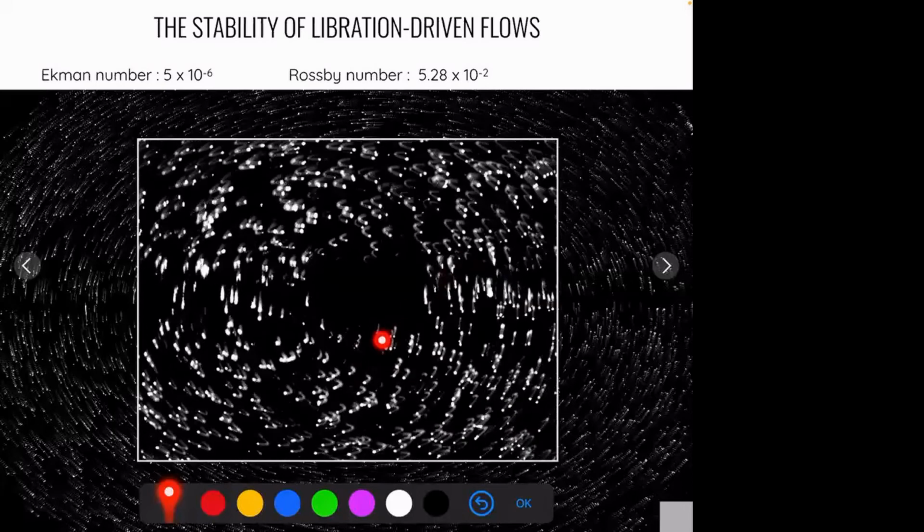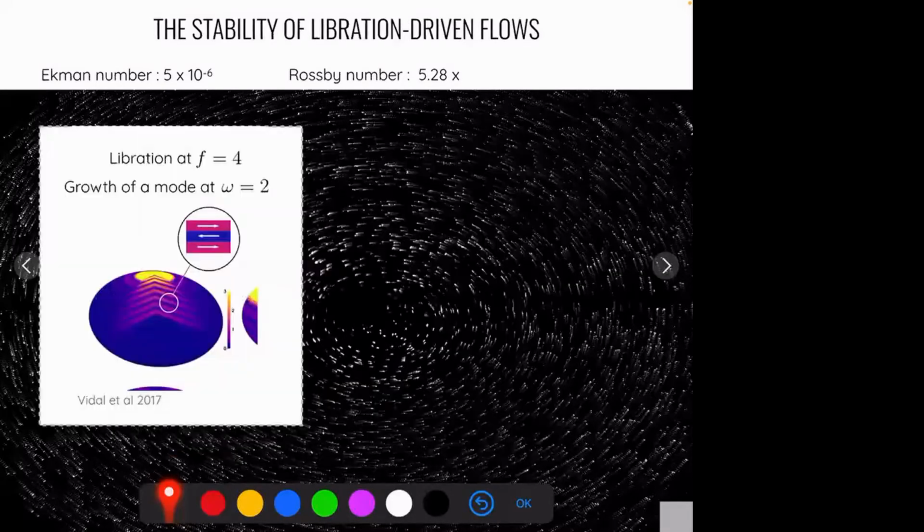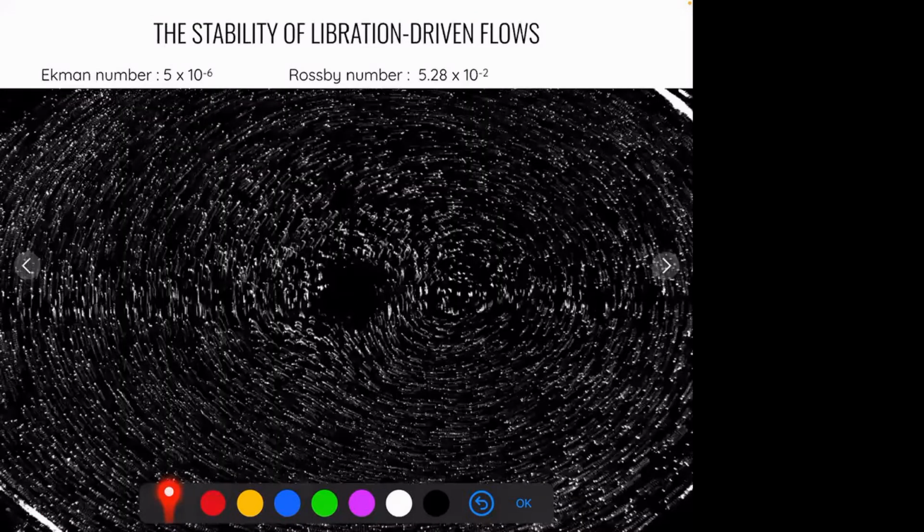So what you're seeing here is an inertial wave that's growing at half the frequency compared to the libration forcing. In fact, at this frequency, the inertial modes that you excite have a pancake-like structure, and with the PIV setup, we are just getting through one of them. Okay, so that's the growth of the instability.